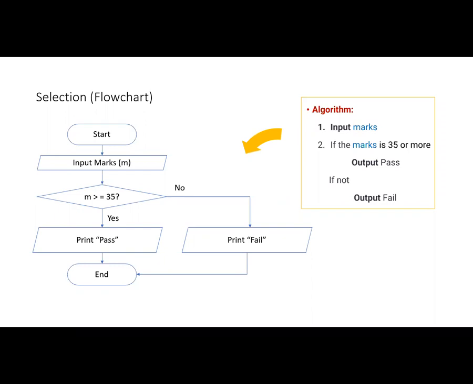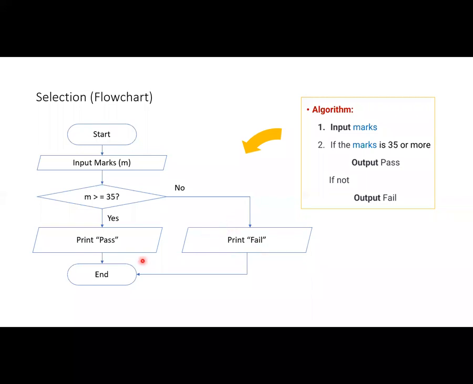If the condition is satisfied, meaning the condition is true, which means the value of the mark is greater than or equal to 35, then the next step is print pass. If not, which means the input mark is less than 35, then print fail.